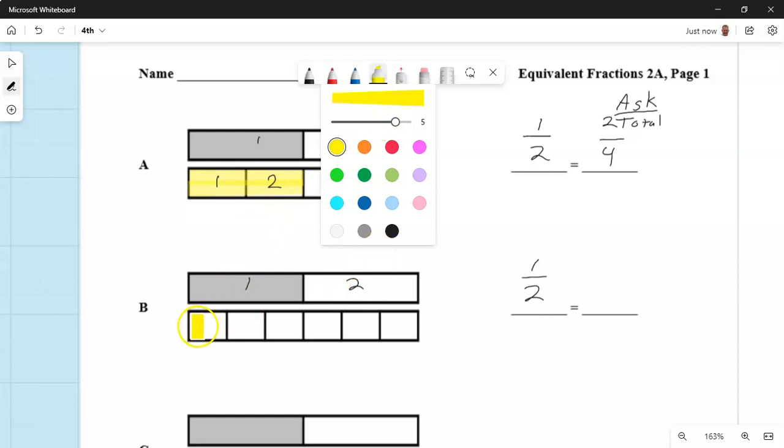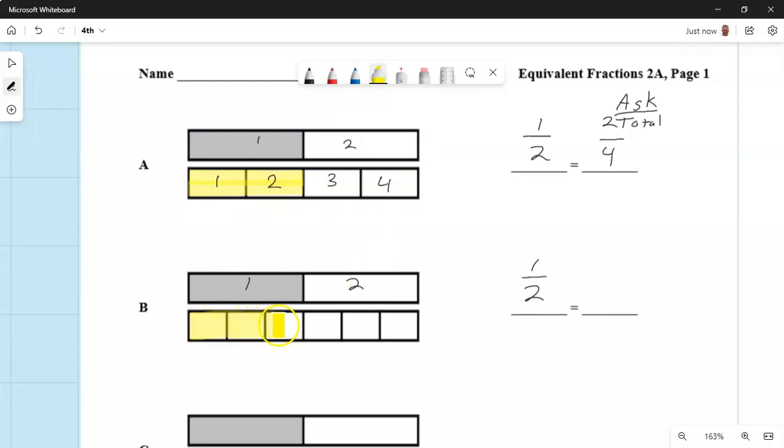So I'm going to shade that in so it's the same amount. I had to shade in 1, 2, 3 parts of it to make it equal to that. So that's going to be 3, and the total amount of pieces is 4, 5, 6 pieces. So this model is showing that 1/2 is equal to 3/6.